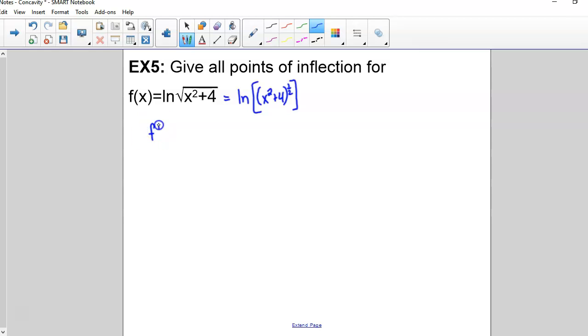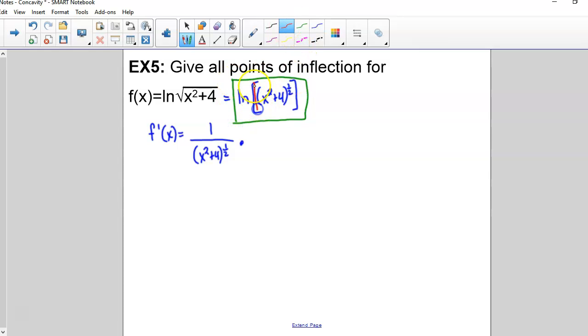So f prime of x, when we take the derivative of natural log, it's 1 over whatever is inside of the box. So it's going to be 1 over x squared plus 4 to the 1/2. Then we have to multiply by the derivative of x squared plus 4 to the 1/2. So we've taken the derivative of this outside box.